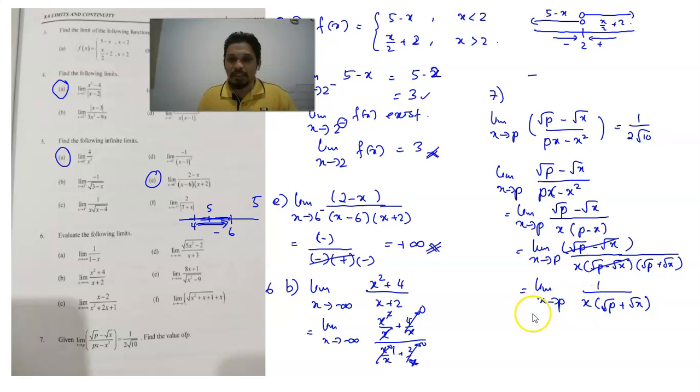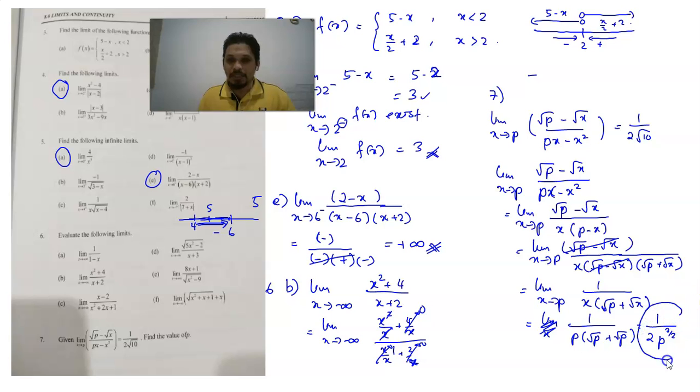Substitute x with P here, so you come up with limit of x approaching P, 1 divided by P, square root of P plus square root of P. It now becomes 2 square root of P, then 2 and square root of P with P power of 3 over 2.